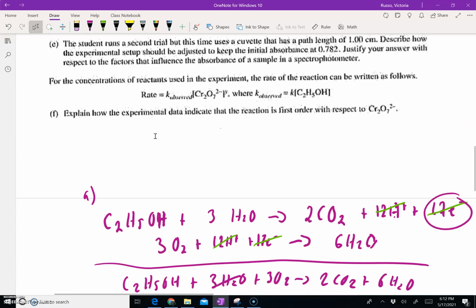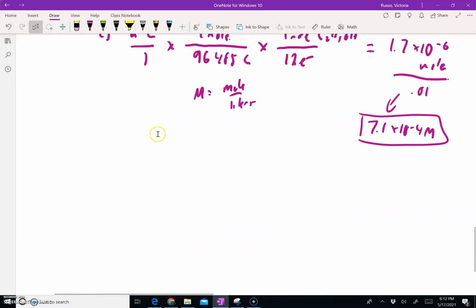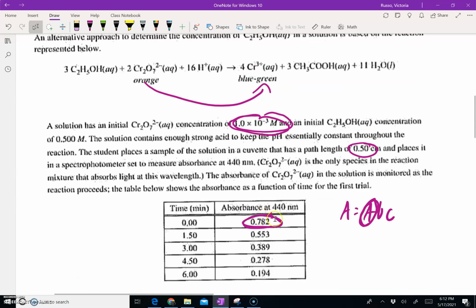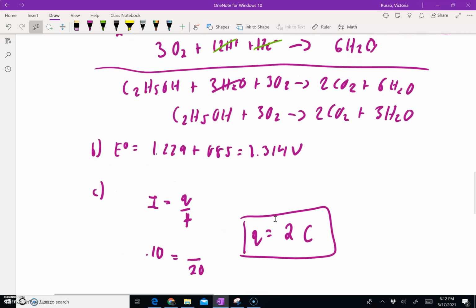So I'm going to show you that way because most of you didn't do that way in class. So we know the absorbance and concentration of one is proportional to the absorbance and concentration of another. We know that the initial absorbance was 0.782.